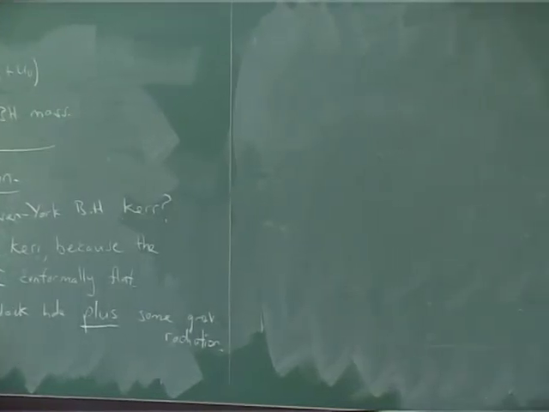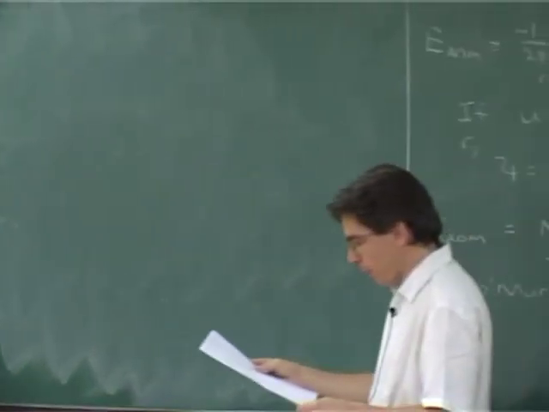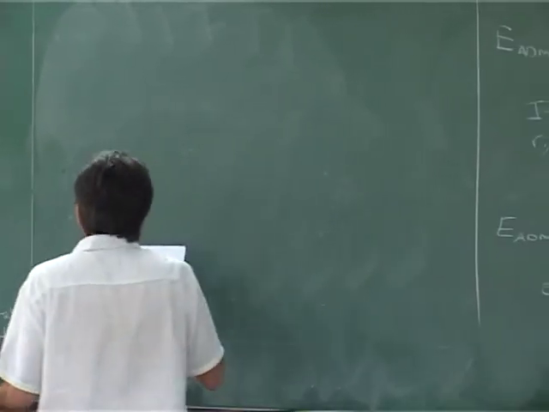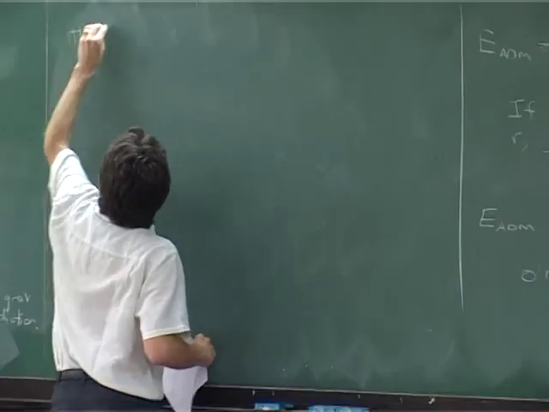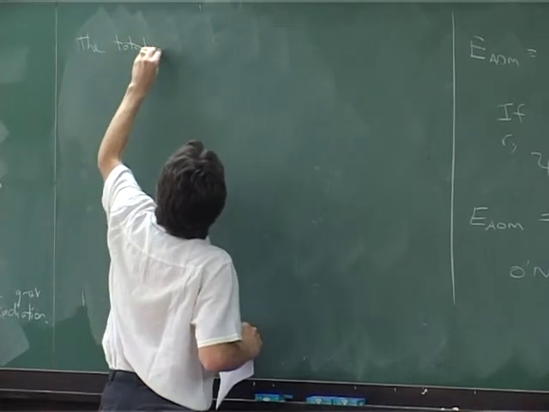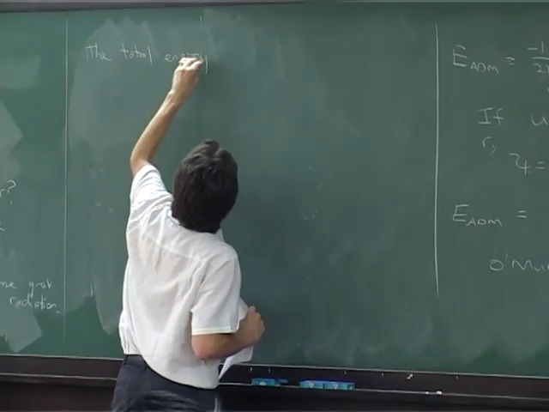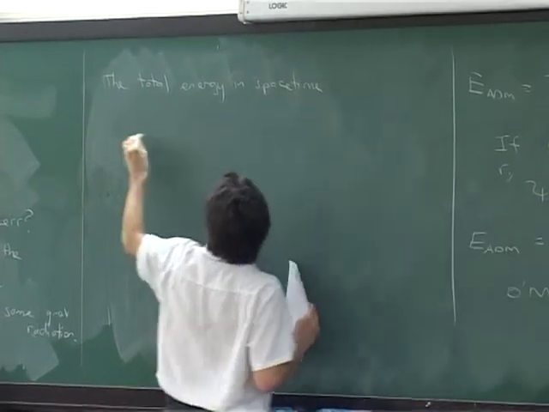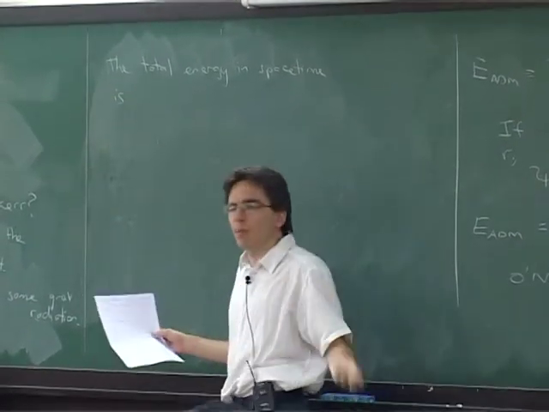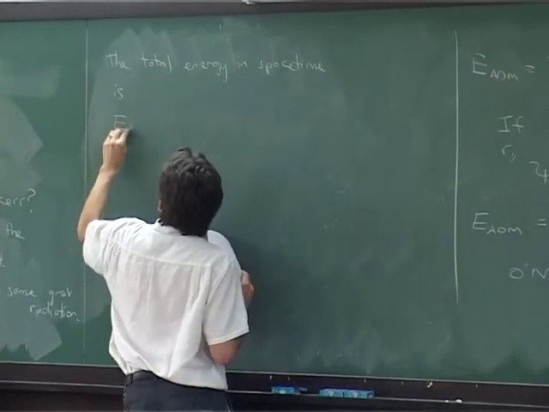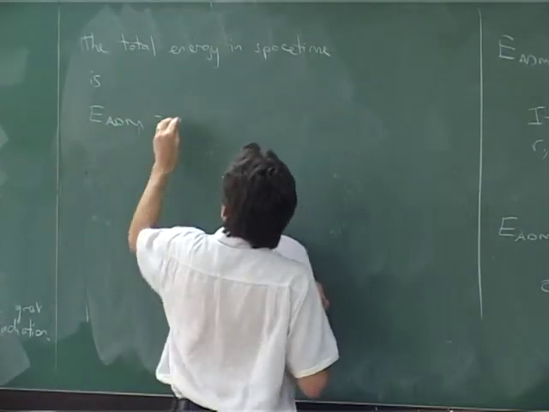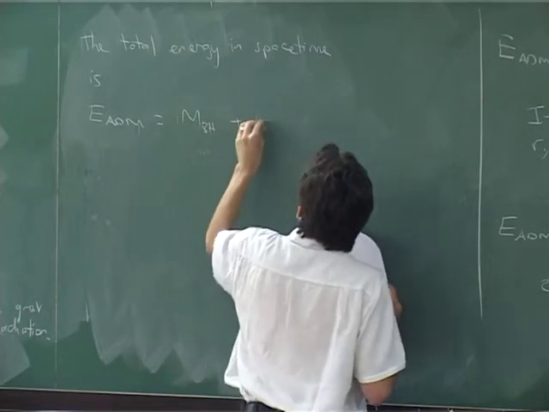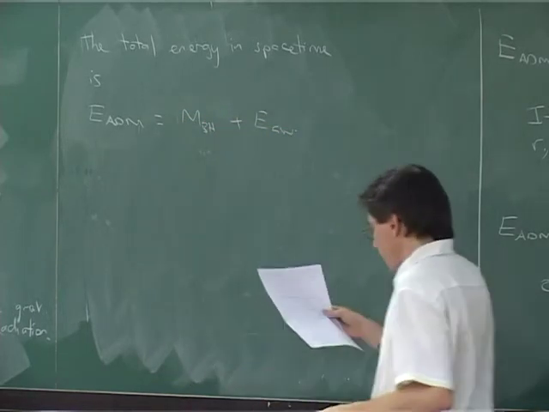So how does this work? Well, now the total energy in your space-time is the ADM energy, and this will be the mass of the black hole plus some gravitational wave energy.